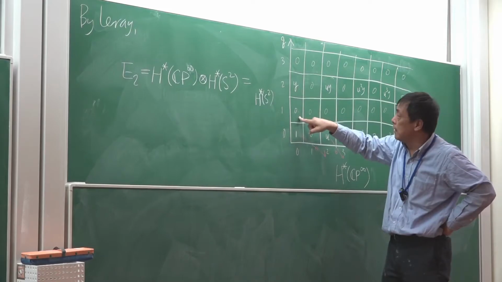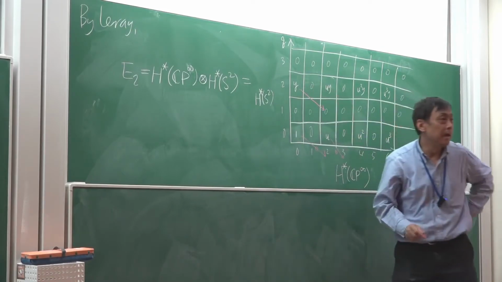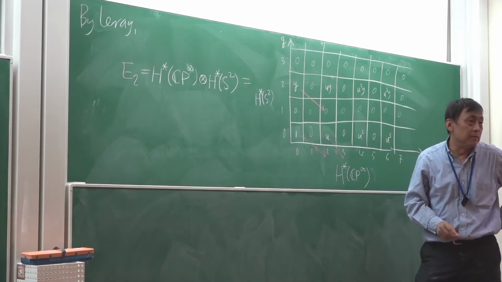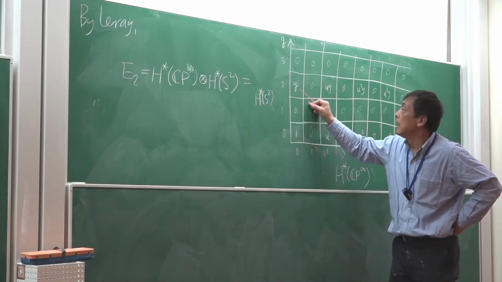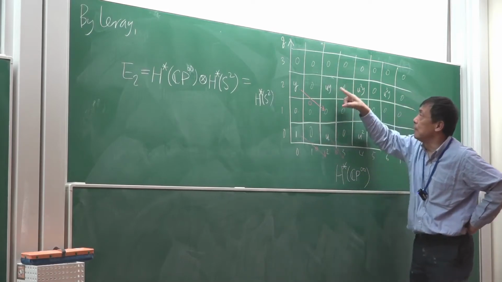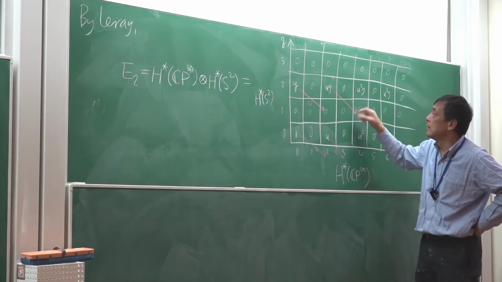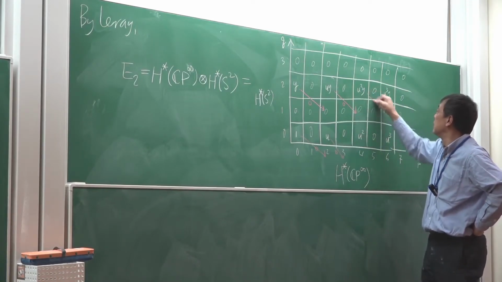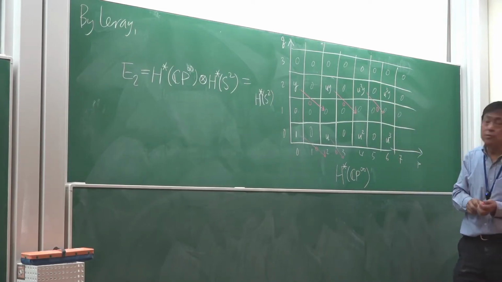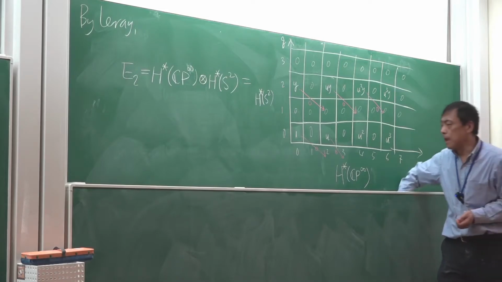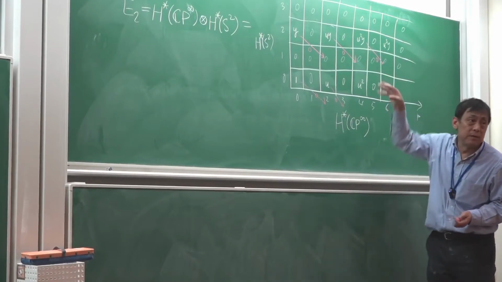It goes down 1 and across 2. So it goes here, so it's 0 because it goes into a 0 box. Where does this go? It goes into a 0 box, so it's 0. This goes here, it's 0. Well, you see, D2 is 0, and it's for a very trivial reason, for degree reasons.